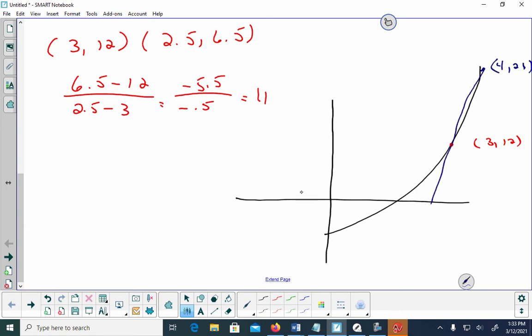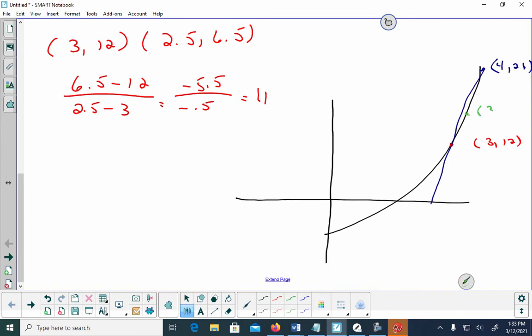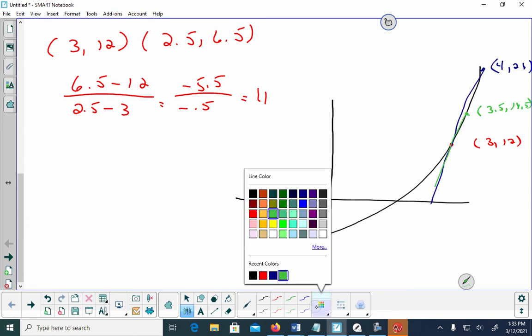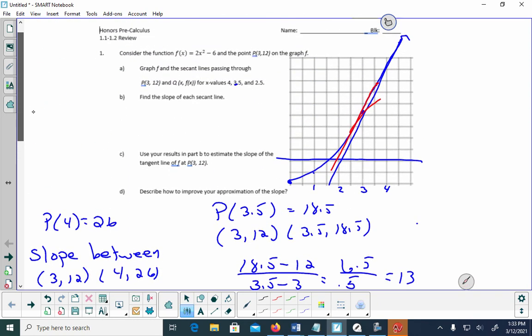Then I did this point here, which is (3.5, 18.5). The last one I did, in pink, was 2.5 and 6.5, if I'm remembering correctly, and then I have that line there. So that's like a zoomed in version of what's going on.